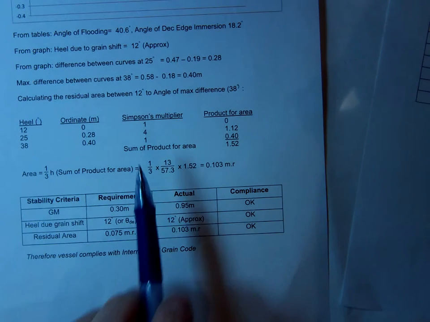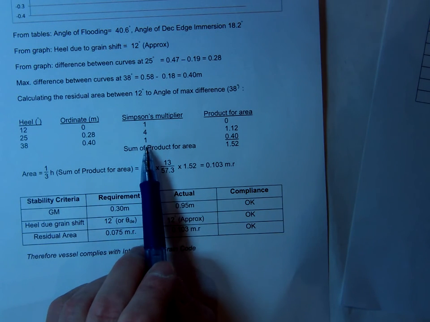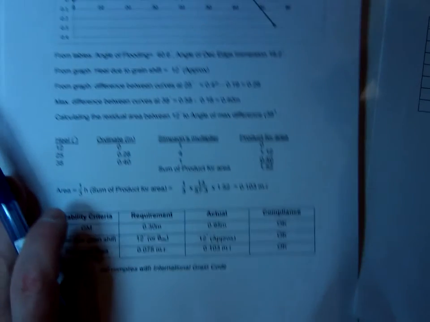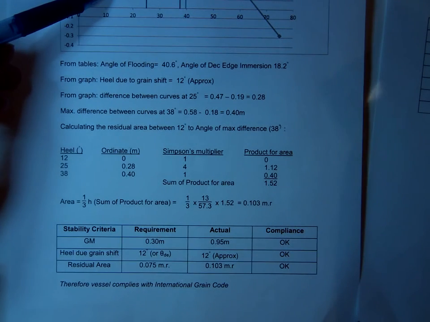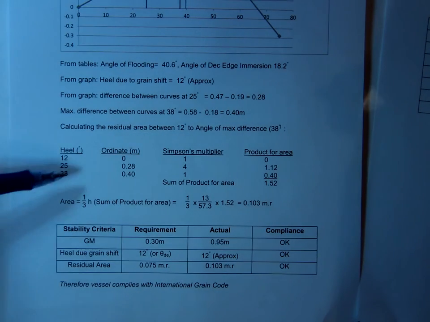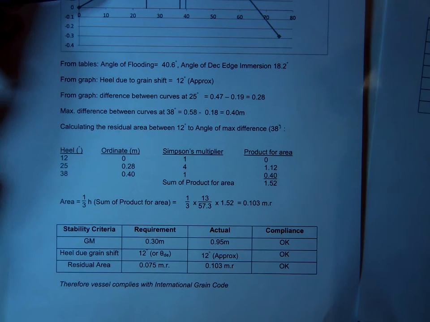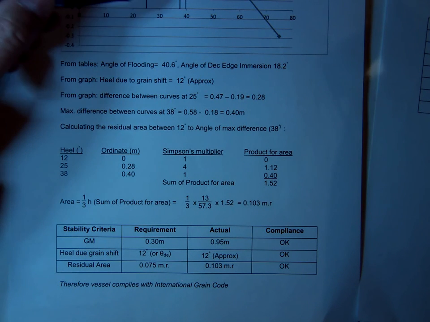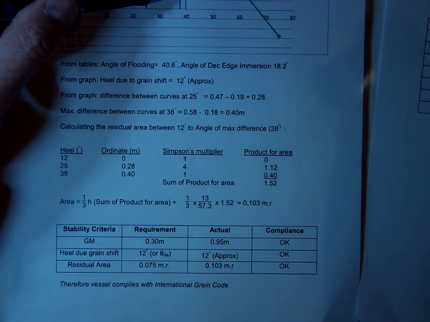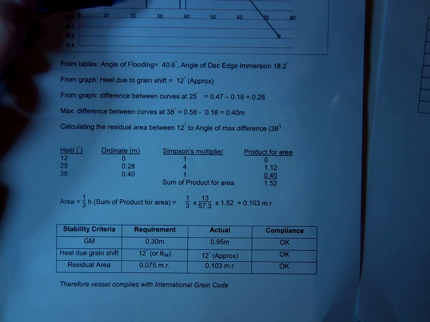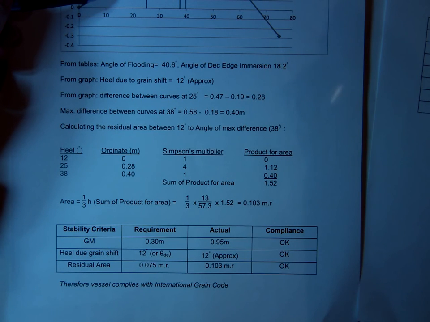So we'd write down our Simpson's multiplier, 1 4 1. For the ordinates, we've got 0, and then we go from 12 degrees to 38 degrees, which gives us 26 degrees between the two. Half of that is 13, so 12 plus 13 is 25 degrees.